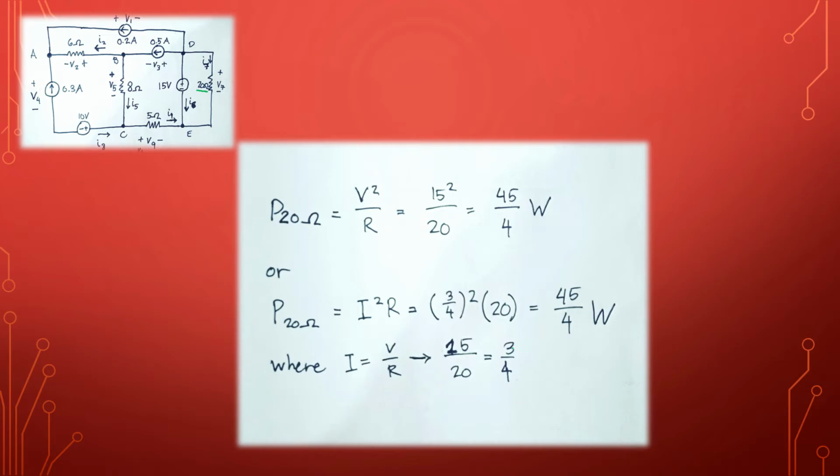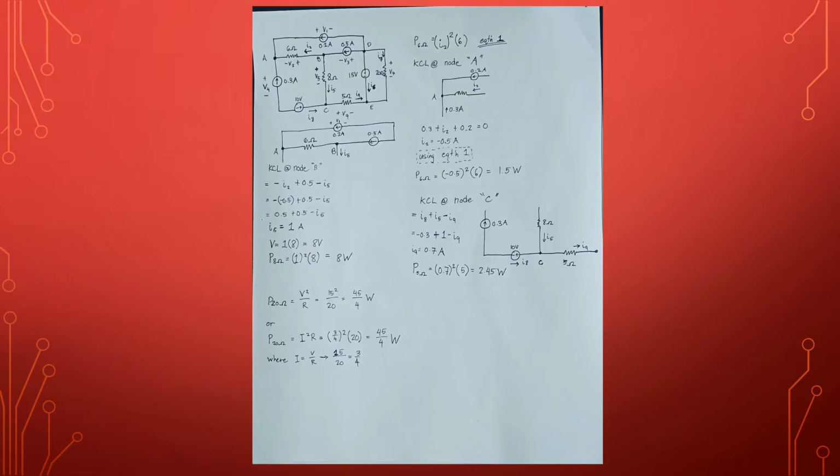Now we have our current, and we can use I squared times R. 3 over 4 squared times 20 gives us 45 over 4 watts of power, meaning this resistor is drawing 45 over 4 watts of power. So here is a bigger picture of the solution.